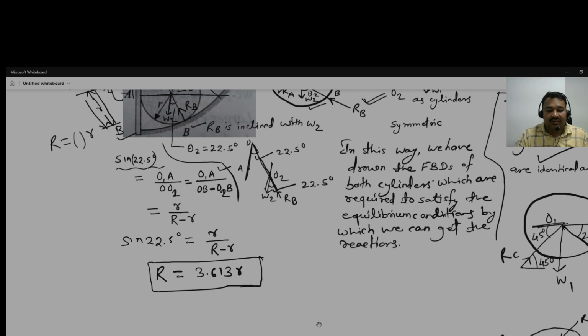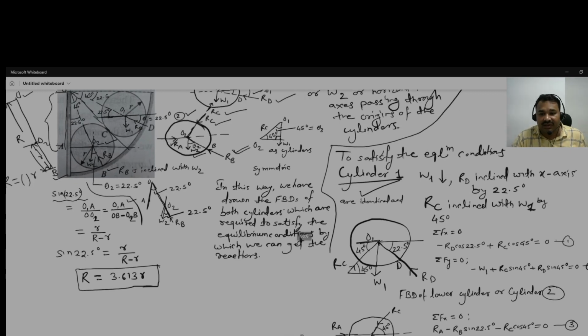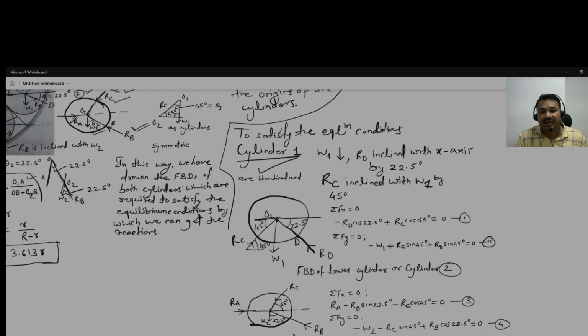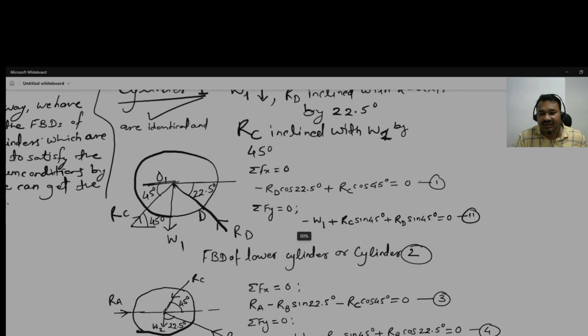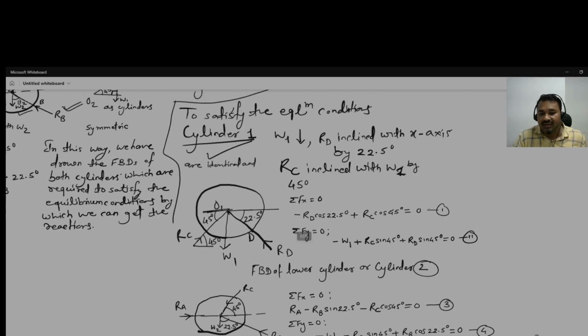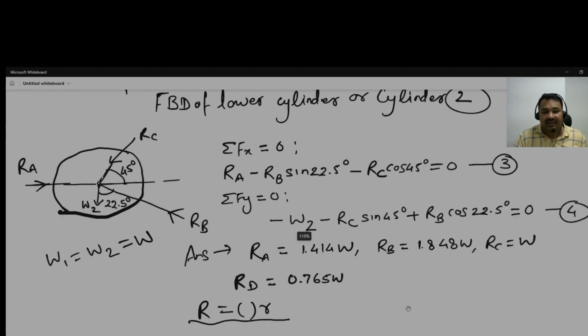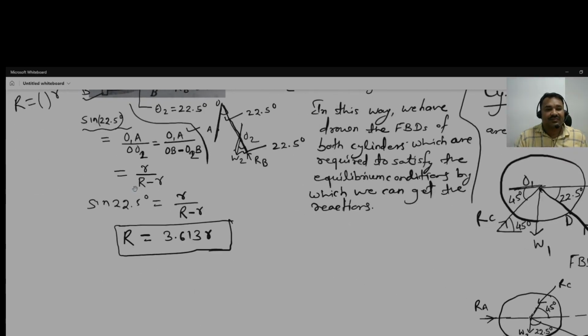Okay, so in this way, with the help of free body diagrams, we have satisfied the equilibrium conditions. Then we established four relationships, means the four equations we got, and by solving all these four equations we can get the contact reactions like Ra, Rb, Rc, Rd, and how to express capital R in terms of small r.